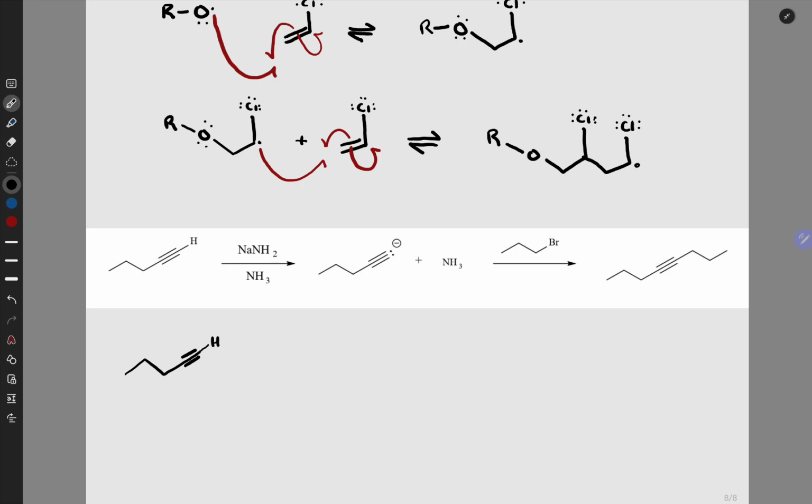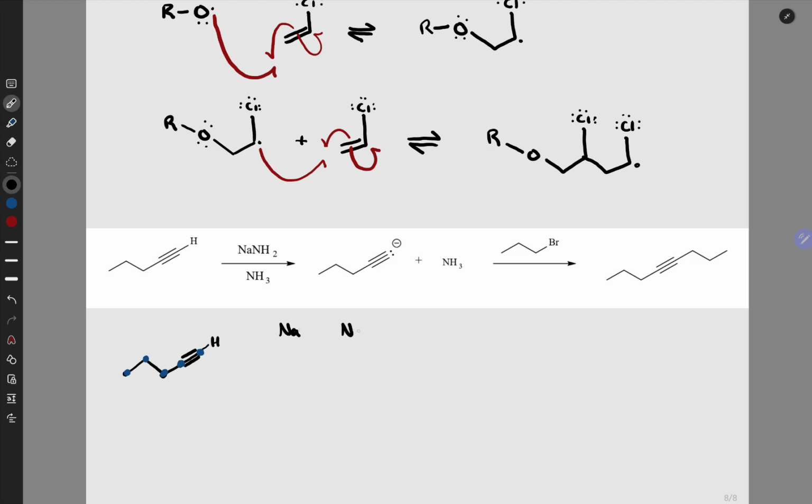Like I said earlier, this is a carbon, that's a carbon, this is a carbon, that's a carbon, and this is a carbon. These blue dots are carbons. We're going to react it with, also for clarification, when you have Na and NH2, Na is ionic.